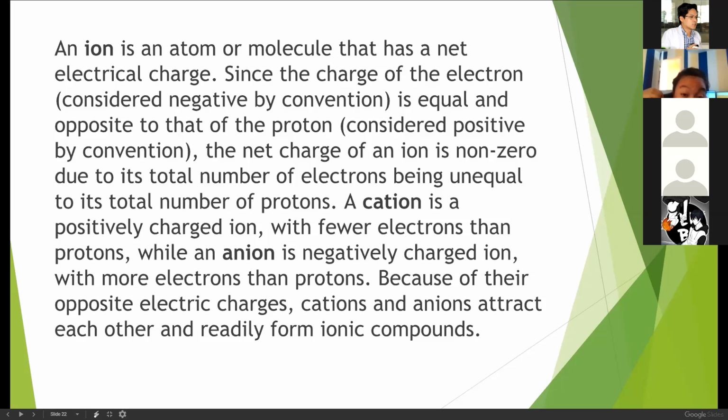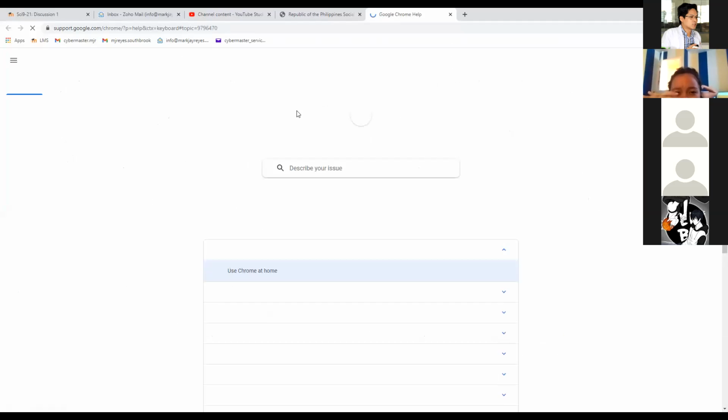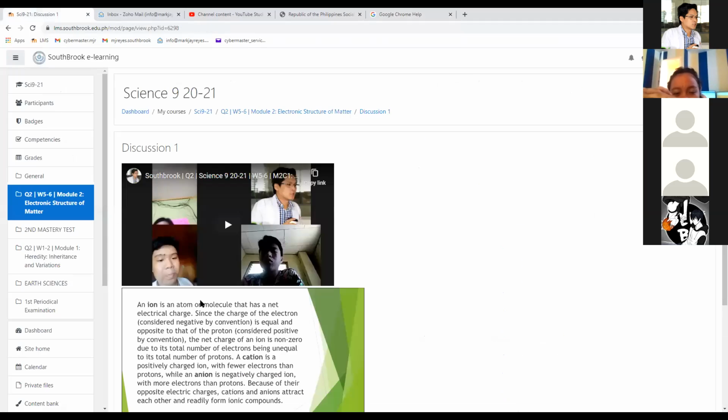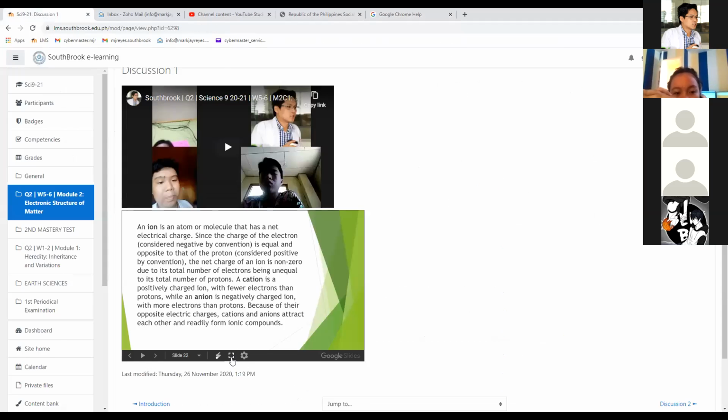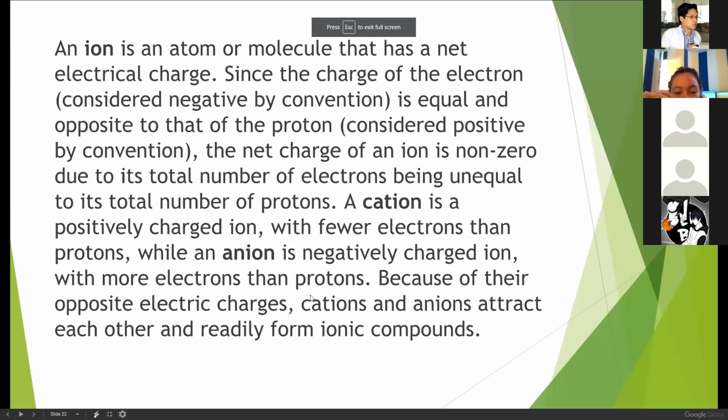Again, when you say cation, it is positively charged. Mas daghan ang protons. When you say anion, it is negatively charged.